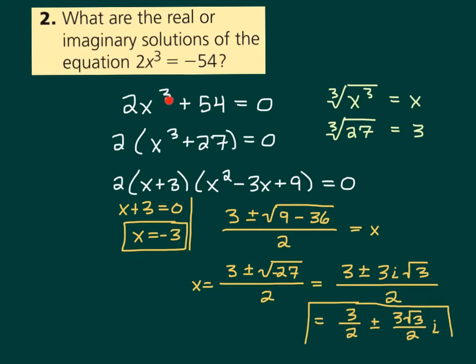So we started with a cubic polynomial, so we knew there had to be 3 zeros. We have 1 real zero, 2 imaginary zeros, for a total of 3. Now the nice part is that imaginary zeros will always come in pairs like this because of the plus or minus. Okay? If you have an imaginary zero, its conjugate is always going to be a zero as well. So we have 1, 2, 3.